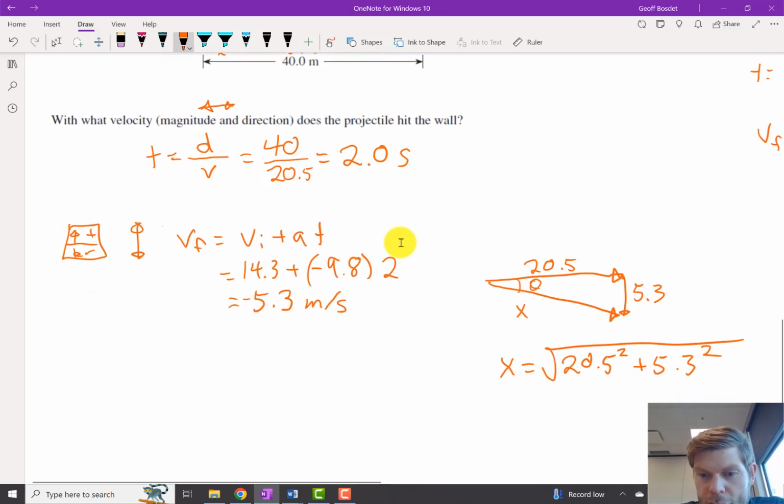And then theta is equal to the inverse tan of opposite over adjacent, which in this case would be 5.3 divided by 20.5. Remember, inverse tan takes the side ratio and gives you the angle, which is what we want.